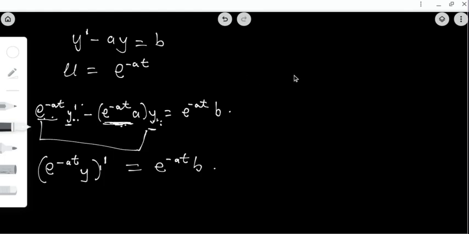Now let us take this one: e^(-at) y. We want to differentiate this. If I want to differentiate this, I'm going to use the product rule. The product rule says hold the first one, which is e^(-at), and differentiate y, you get y prime. Plus, hold y and differentiate this one.